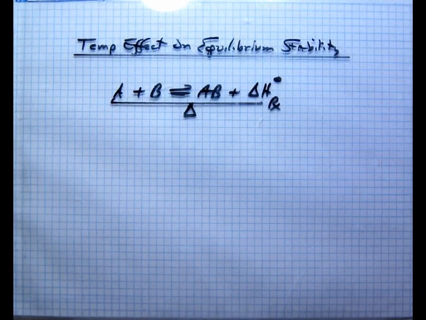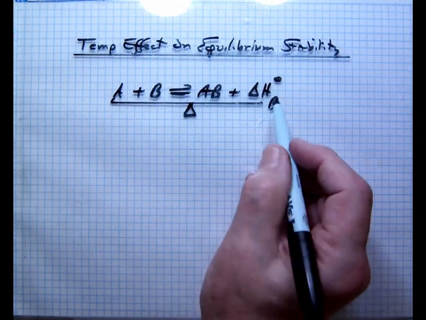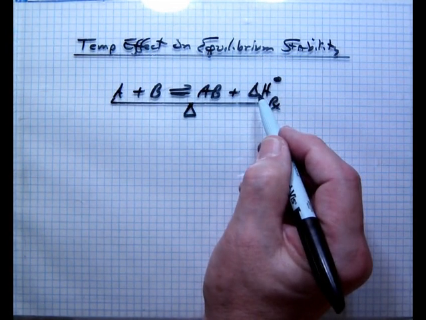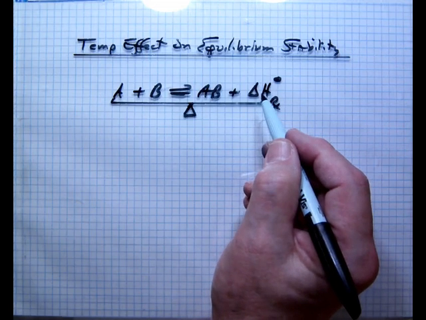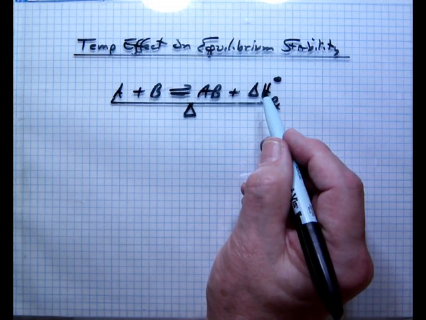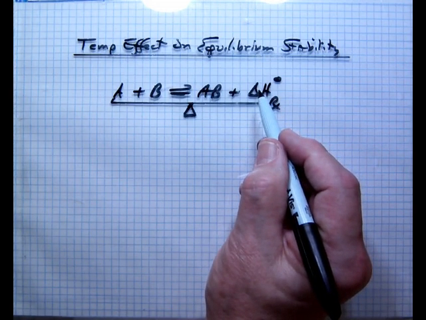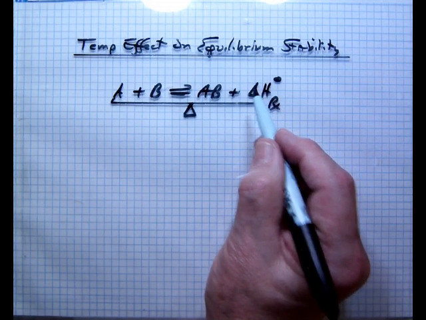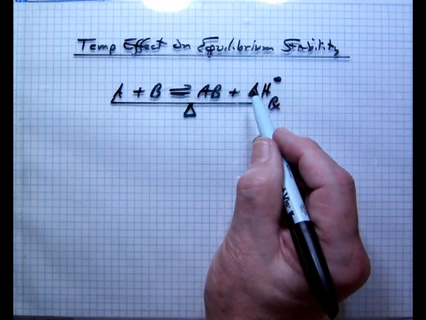The case I've just mentioned is what happens to the equilibrium when you heat that system. The way you analyze this is look at the delta H and play like it's a material object.